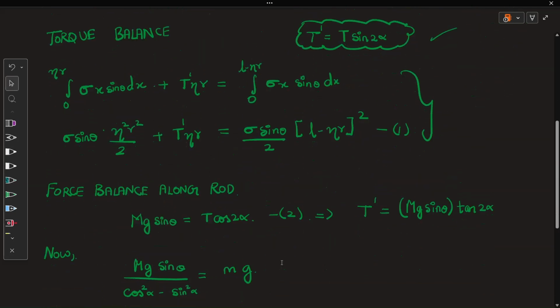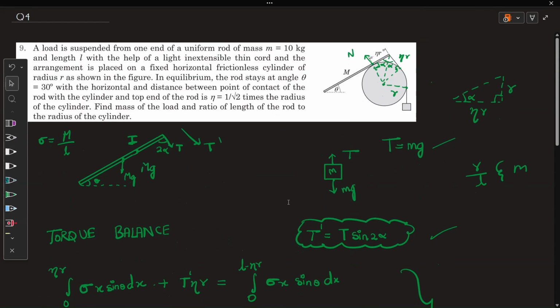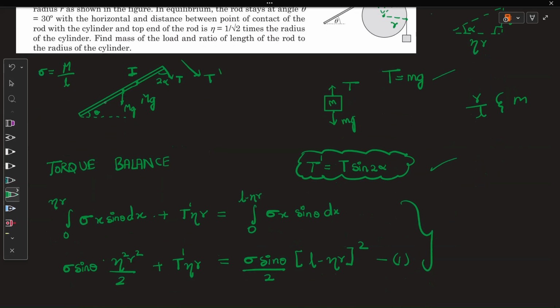Okay, now let's go for the force balance. So for force balance, let's balance along the rod. Okay, so mg into sine theta. mg cos theta will be perpendicular, and mg sine theta will be acting in this direction, and t cos 2 alpha will be acting in this direction.